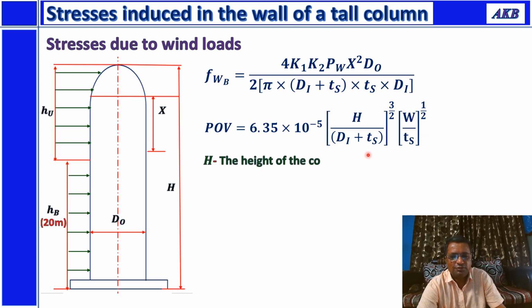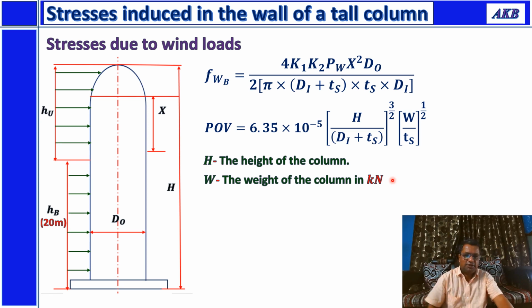What are the terms involved in this equation? H is the height of the column, W is the weight of the column, but for using this equation, this weight has to be in kilonewton. You have to remember this. If you are using this equation for calculating period of vibration, then W, which is the weight of the column, has to be kept in kilonewton. So you have to remember this.